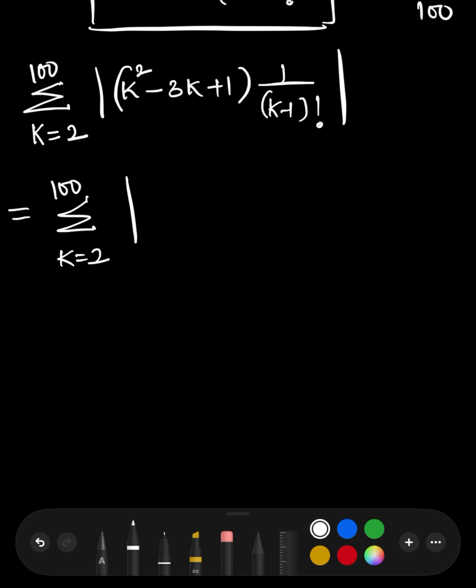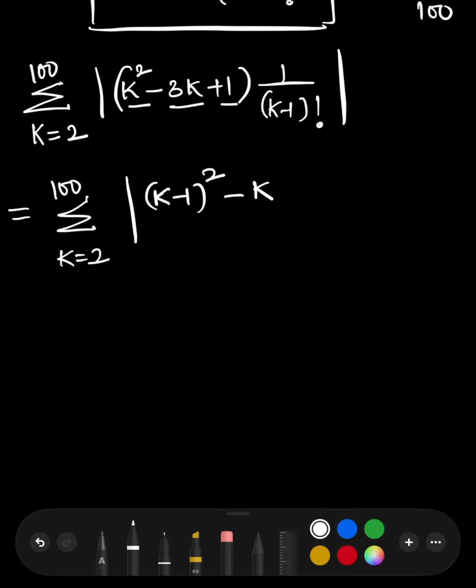So to get the sum very simple, we want the terms to be cancelled out. So in order to cancel, I want to create a difference between the terms. Here k square minus 3k plus 1, I can write as (k minus 1) whole square minus k, right?